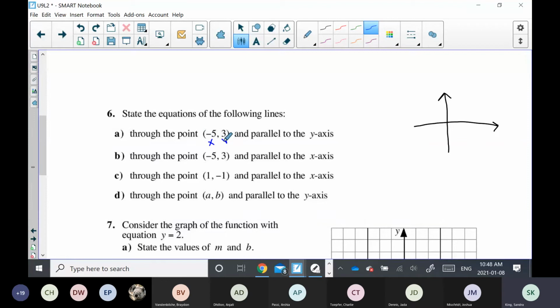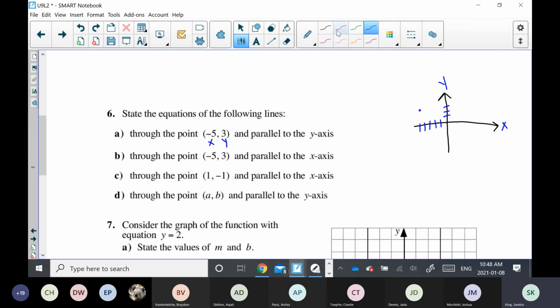So the point, though, is -5 and 3. So my y value is 3, my x value is -5. So that's my point there. I'll do A with you, and then you would figure out the rest.